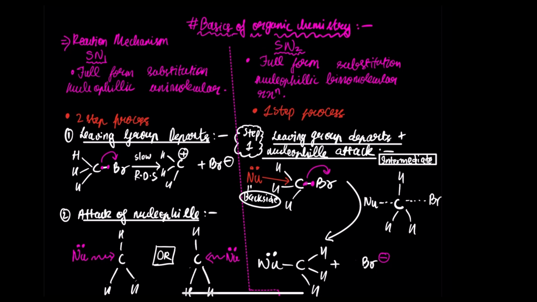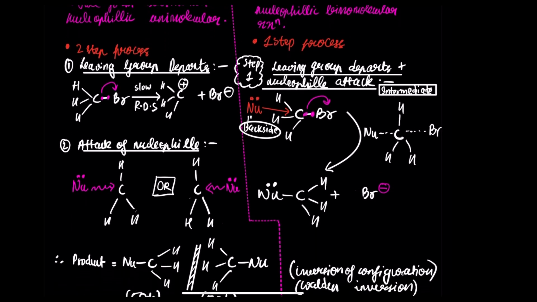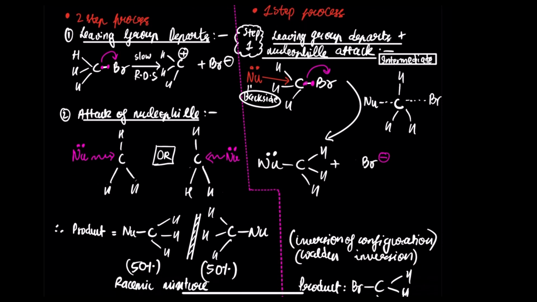Basically, SN1 reaction is a two-step process, whereas SN2 reaction is a one-step process. You might get a bit confused about why I am saying this is two-step, even though I have written one over here. When I explain the actual mechanism of how this reaction happens, you will get an idea of it. So now let us jump to this point and then we will again come back to this point.